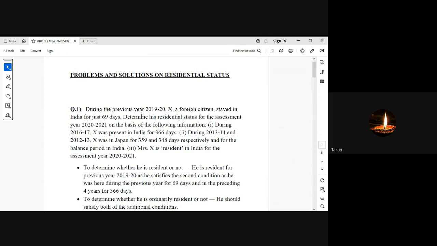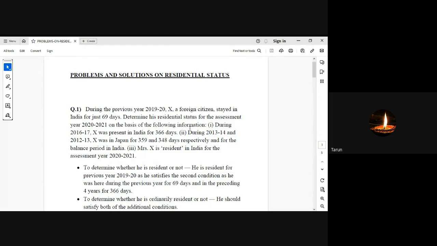Now we have to answer the questions information-wise: the first part, second part, and third part, to determine the residential status of X.